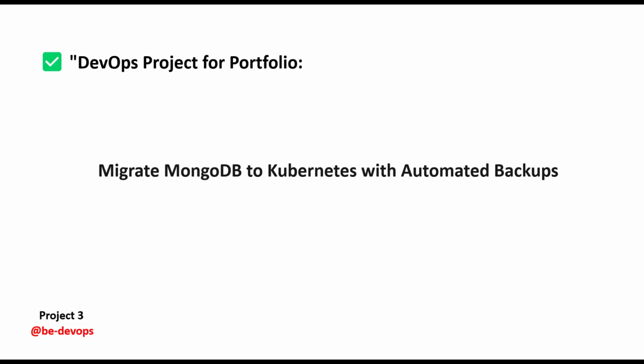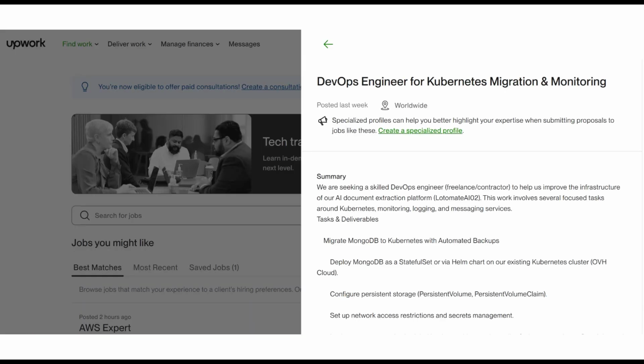Migrate MongoDB to Kubernetes with automated backup. Here is the summary of this project. I was checking the Upwork website and I saw this freelancer job: a company seeking a skilled DevOps engineer to help them migrate MongoDB to Kubernetes with automated backups, deploy MongoDB as a StatefulSet or via Helm chart on an existing Kubernetes cluster.